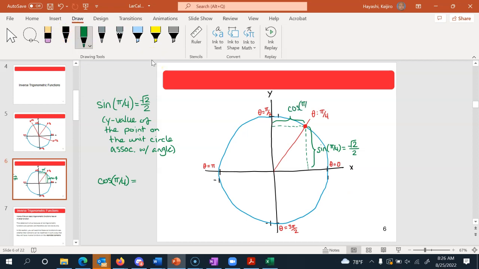The cosine of that angle is also going to be square root of 2 over 2. And they're not always going to be the same, of course. It just is in this case because we have the angle pi over 4, which has the same sine and cosine. Not all angles do. So the cosine is always the x value of the point on the unit circle associated with the angle.